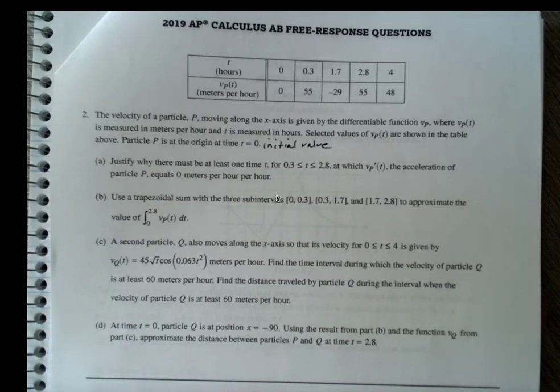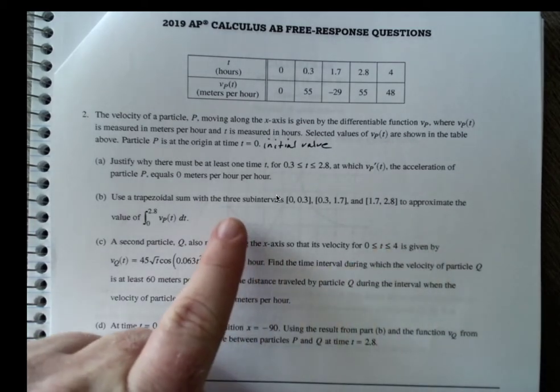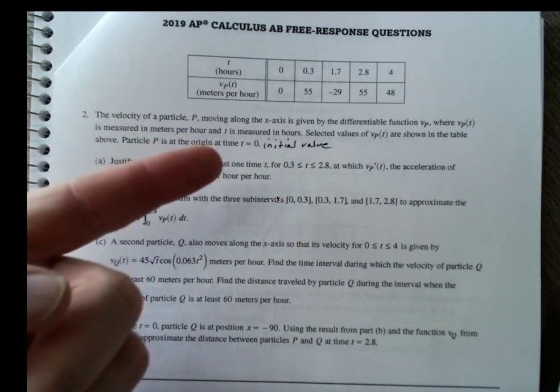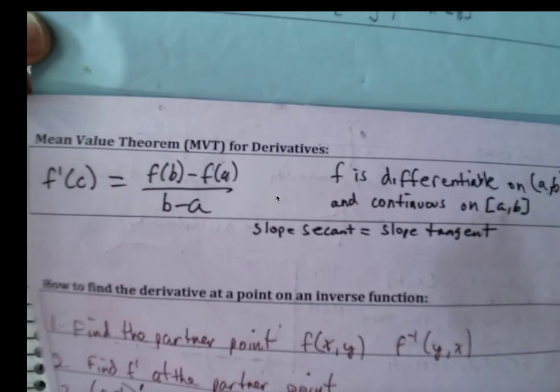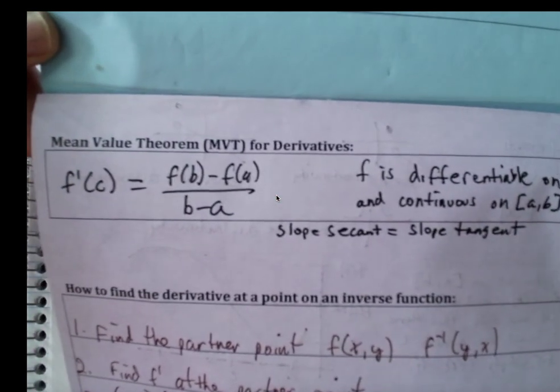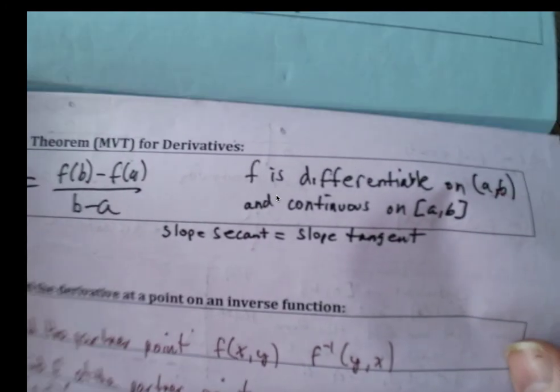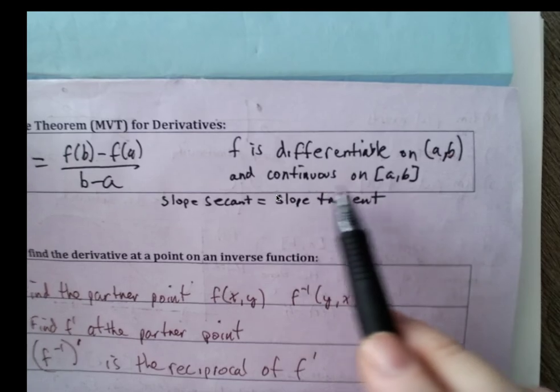Okay, this is a mean value theorem question. Okay, we're trying to show that a tangent line is 0, okay, which means we're trying to show that the secant line is equal to the tangent line. Okay, so that's the mean value theorem. Again, it's in your foldable. Okay, f prime of c equals f of b minus f of a over b minus a.